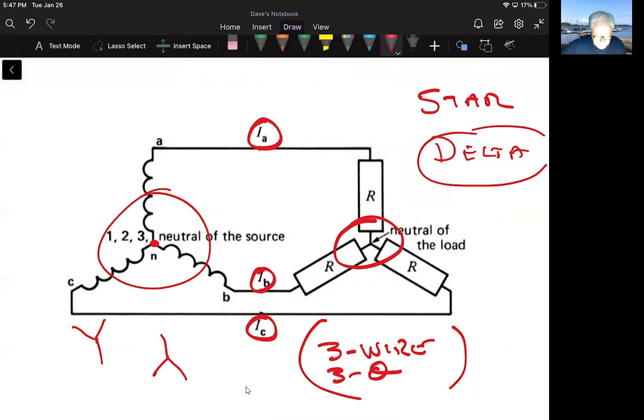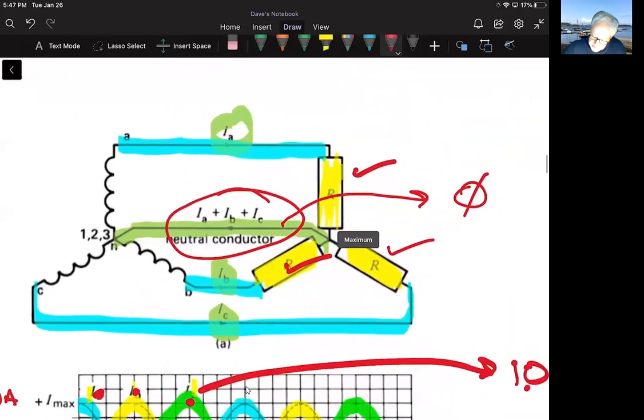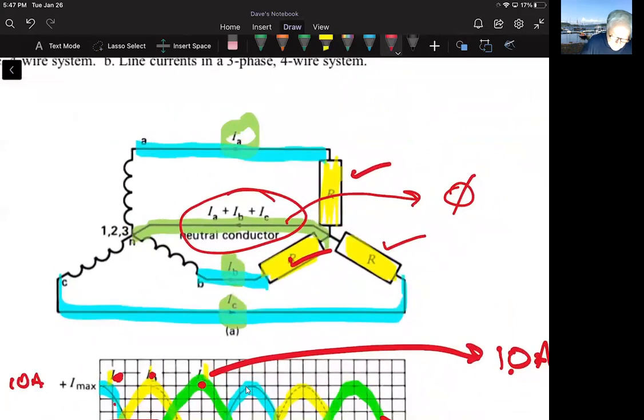Now, sometimes when we go back to this particular circuit, this three-phase 4-wire, the neutral conductor can be slightly smaller or the same size as the line conductors.